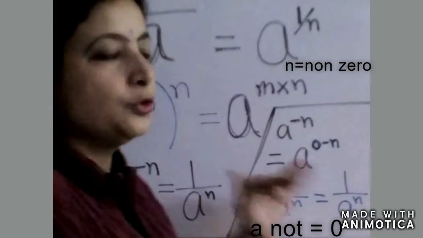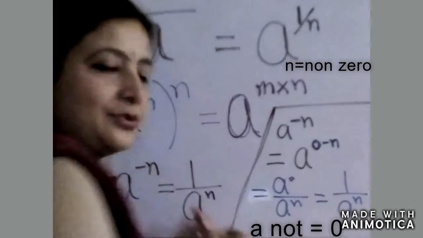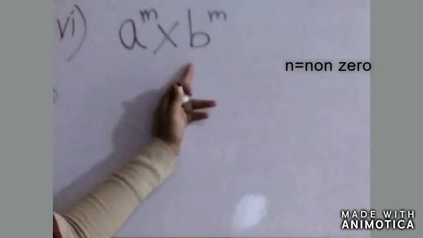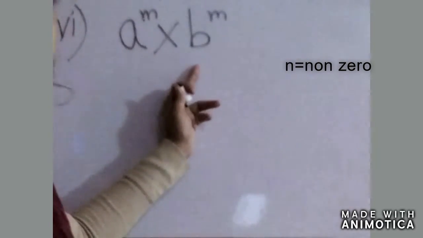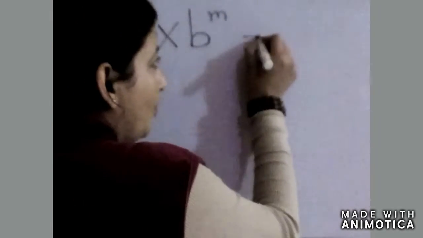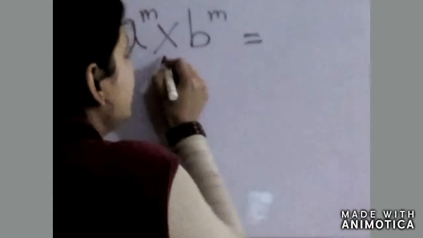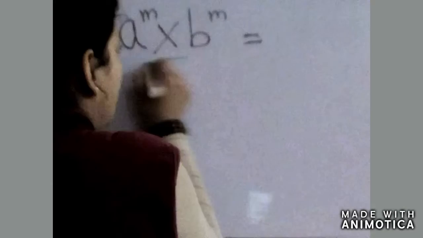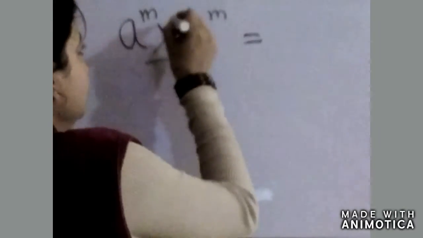Next, the two rules I will write, we actually get from the previous rules. But here the base is different: a to the power m into b to the power m, but the power is the same, m and m. What is the operation here? The operation is multiplication.